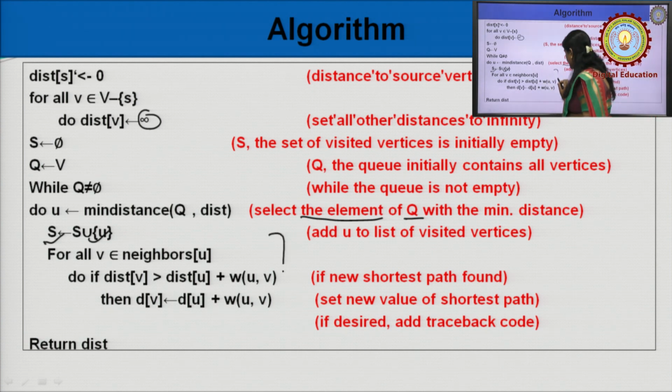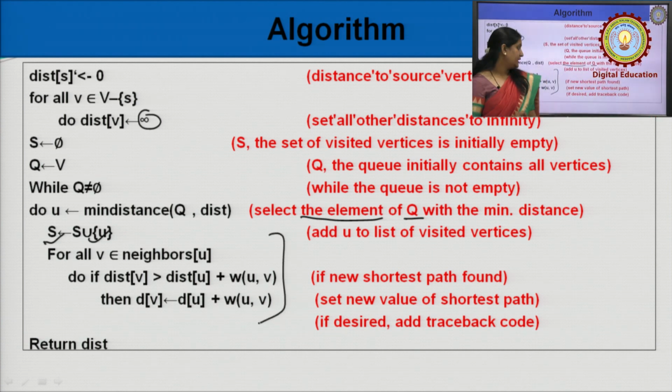This is the relaxation procedure. If a shorter path is found, set the shortest path to the vertex V, and continue this loop until the Q is empty. So let us continue with another example.